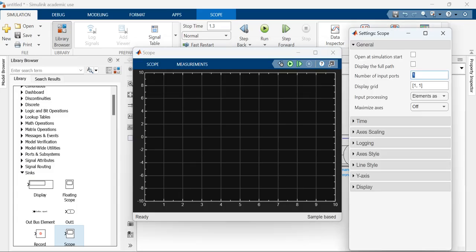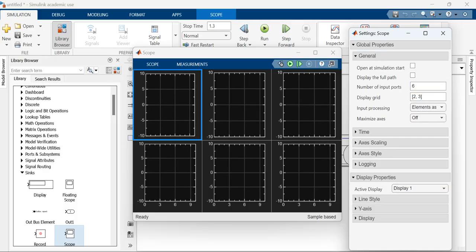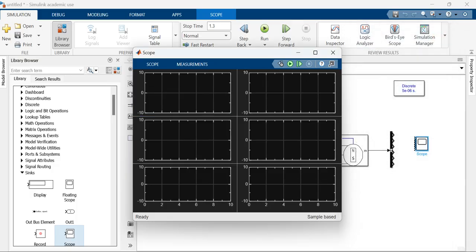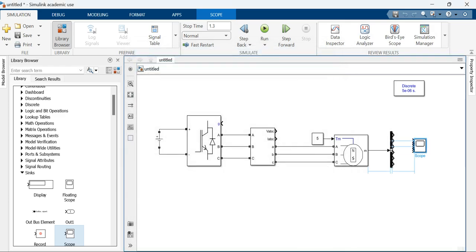You have 6 ports and I need, let me put it in 2x3 mode or 3x2 mode, whatever you like. 3x2 will be much better.